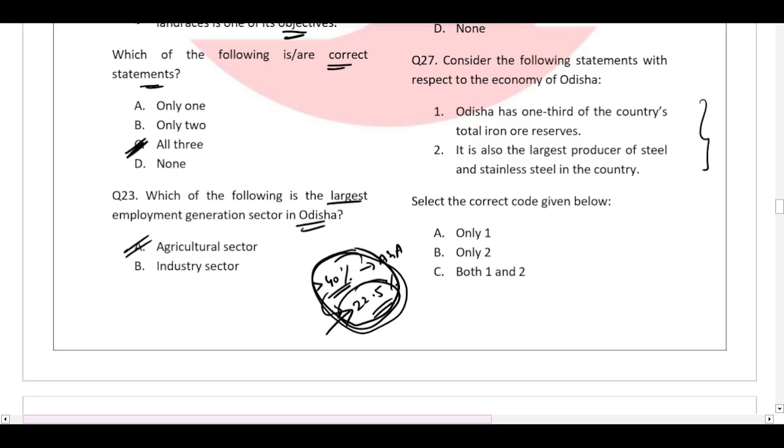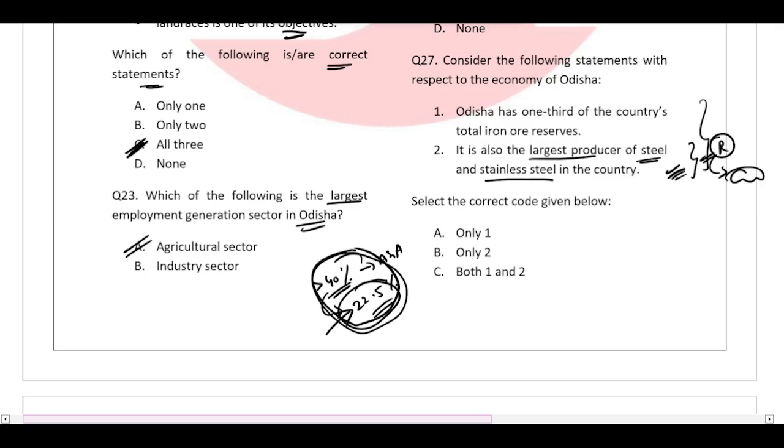As per the economic survey, Odisha is the largest producer of steel and stainless steel in the country. We just discussed the Rourkela plant, which is situated in a place where there was iron ore, and that is why the steel plant was there. So all the steel plants in India and in Odisha make Odisha the largest producer of steel and stainless steel in India.